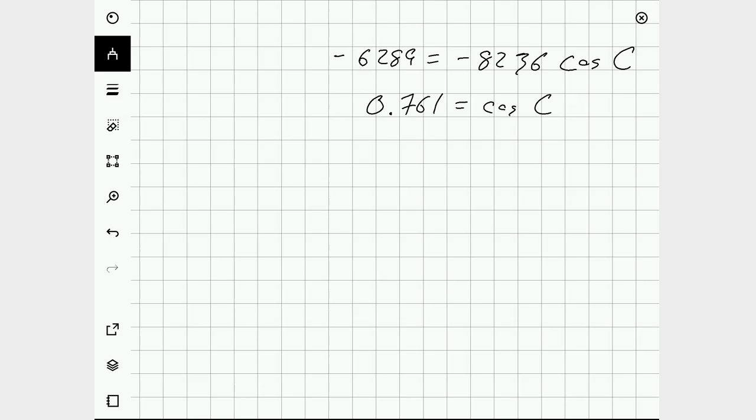All right, here's another place that you can check to make sure your triangle actually exists. Because if this value is between 0 and 1, your triangle exists. If this value is smaller than 0 or bigger than 1, your triangle does not exist.